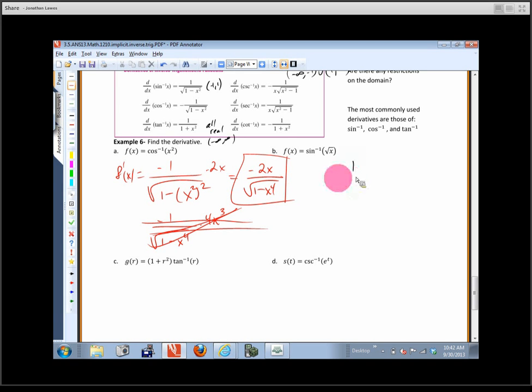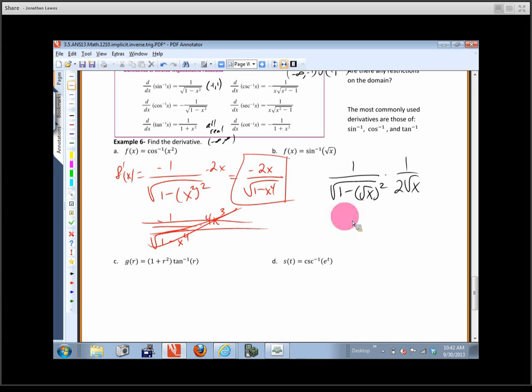Again, the thing that increases the speed here is having these memorized. 1 over the big square root of 1 minus something squared. What is that something? Square root of x, times the derivative of that something. So that's going to be 1 over 2 times the square root of x, times the derivative of x, which would be 1 if you wanted to carry out the chain rule completely.